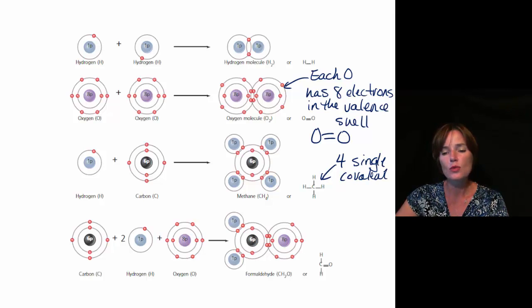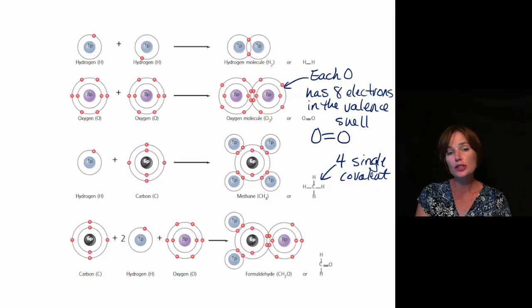One of the reasons we find carbon in so many molecules and in so many different configurations is that carbon is unique in that it has the ability to share electrons with 4 different partners. Sometimes we'll see it sharing with 4 hydrogens, sometimes with 4 different atoms or 4 different elements.